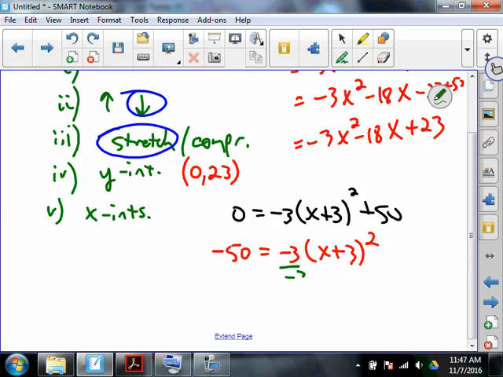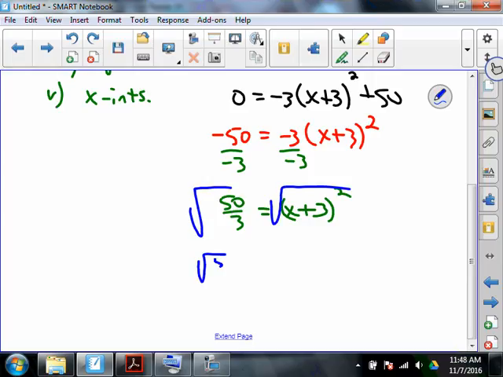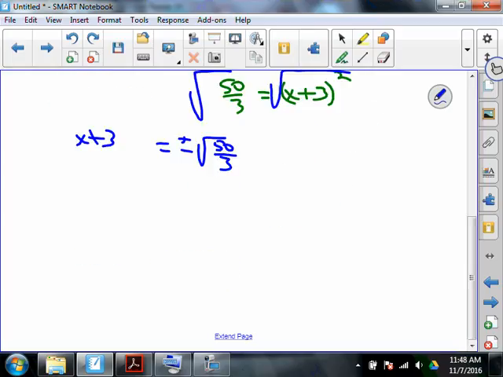If we divide by negative 3, we would get 50 thirds equals x plus 3, the quantity squared. And then you could take the square root. So you get plus or minus the square root of 50 thirds equal to x plus 3. So then x equals negative 3 plus or minus the square root of 50 thirds.